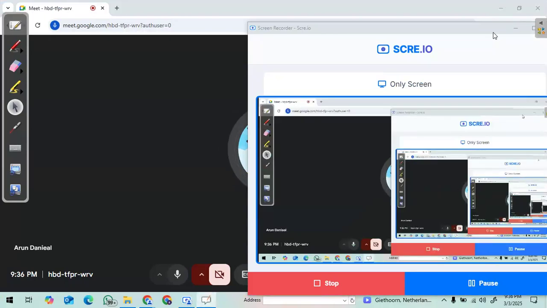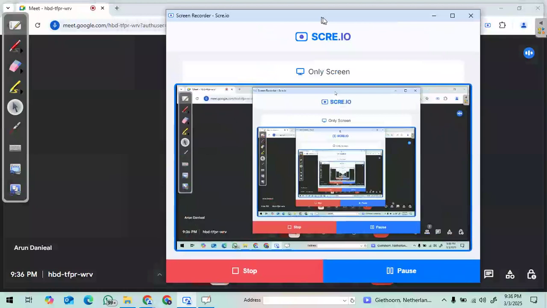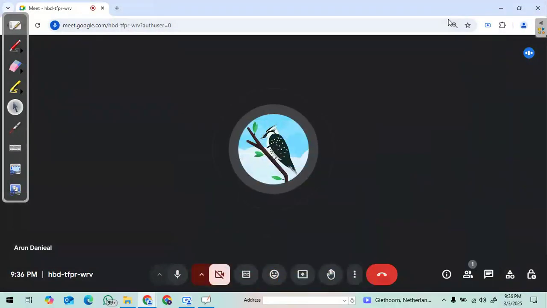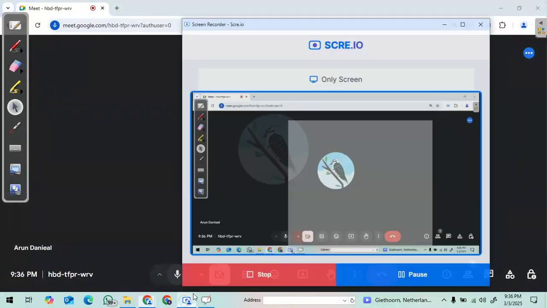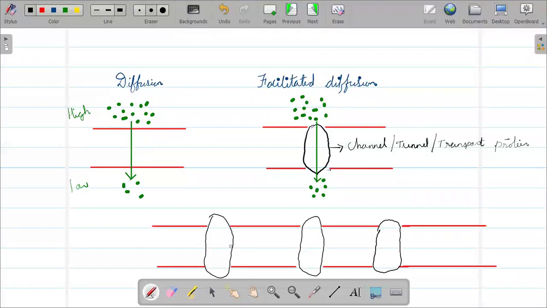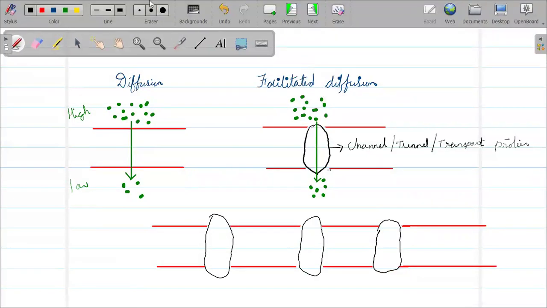This channel protein helps in the transport of molecules. Now, when you look at these channel proteins, the molecules may move only in one direction. That is only in one direction. Or two molecules may go simultaneously in the same direction, or the proteins allow the movement of molecules in opposite directions.